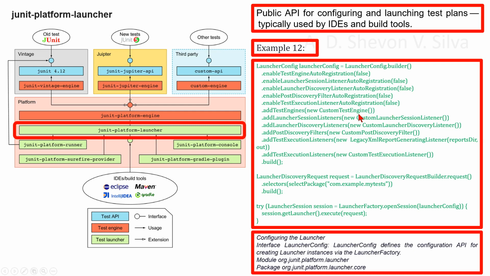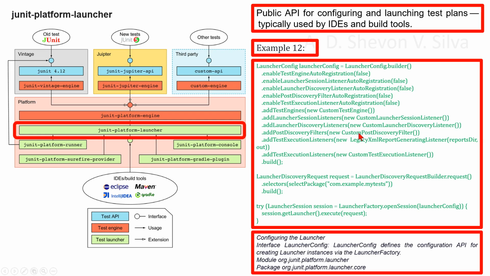Here addTestEngines adds all the supplied test engines to the configuration. Here addLauncherSessionListeners adds all the supplied launcher session listeners to the configuration. Add launcher discovery listeners: add all the supplied launcher discovery listeners to the configuration.